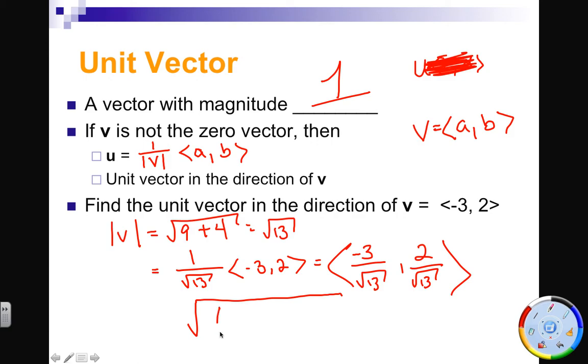I get -3 over root 13 squared, which is 9 over 13, plus 2 over radical 13 squared, which is 4 over 13. Well, that's going to be the square root of 9 over 13 plus 4 over 13, which is 13 over 13, which is 1. Oh, that shows me the magnitude is 1.